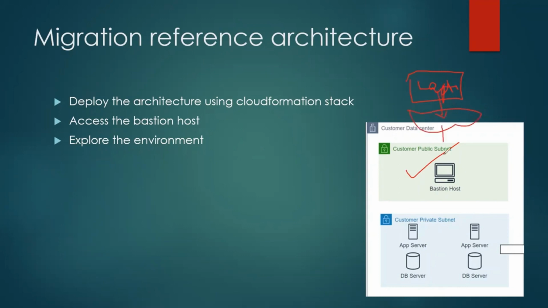From the Bastion host, we will access one application server, another application server, and the database for each application. As I described before, this is similar to a customer data center. That's how things are done: they have one Bastion host in the public subnet and all the application servers in private subnets that are not exposed to the environment.